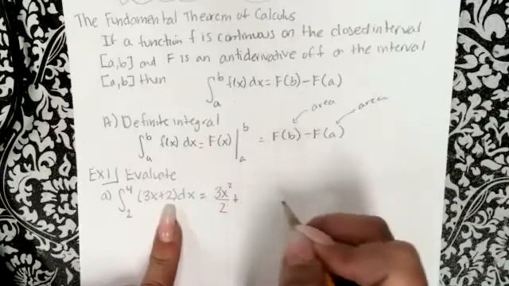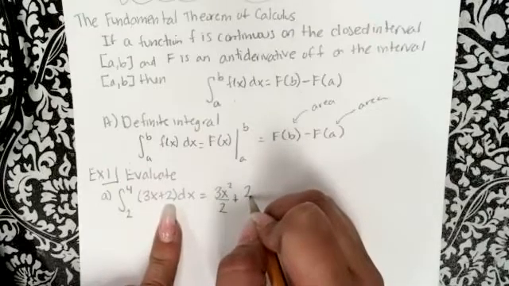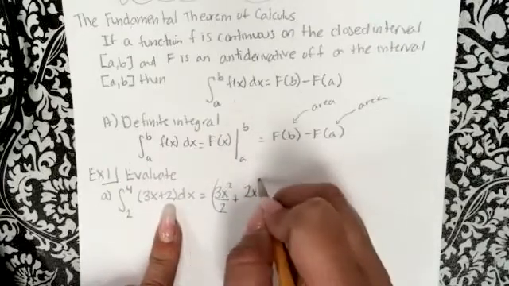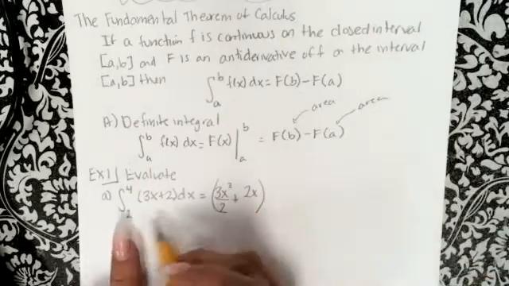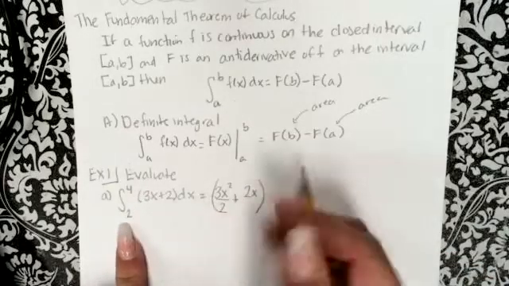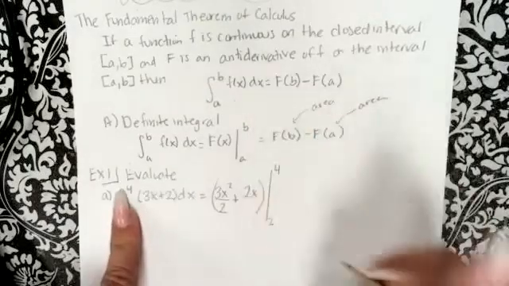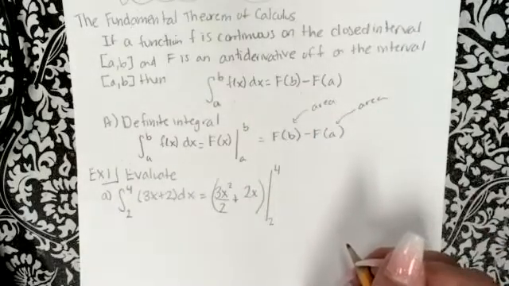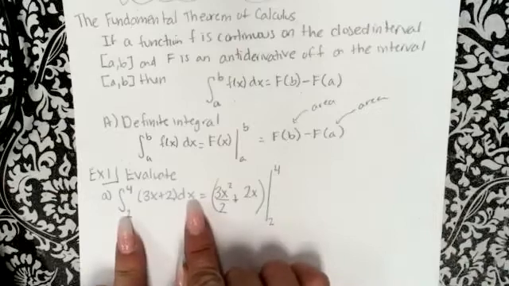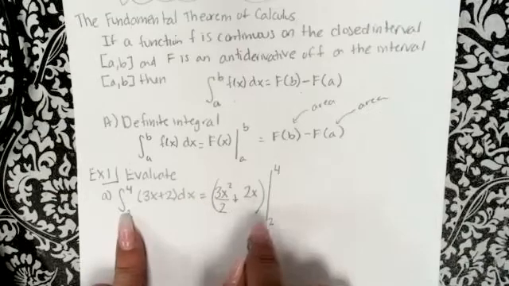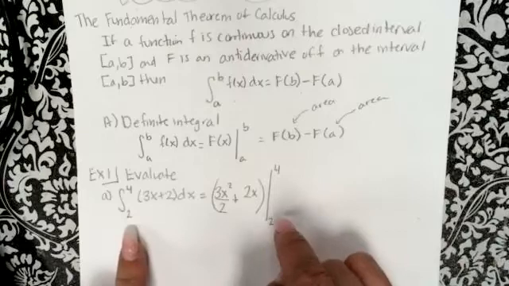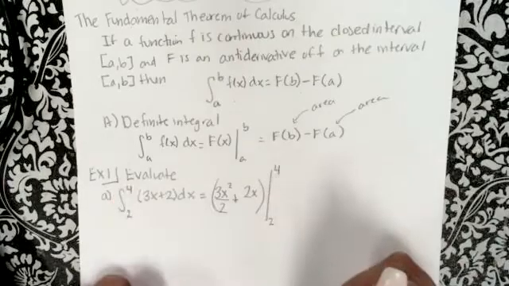Right here, I have a 2, the antiderivative of 2 is 2x. And then I'm going to draw this line on the side, and the lower bound is 2 and the upper bound is 4. So once you take the antiderivative, you no longer write the integral symbol. You're going to draw this line and put your lower bound and your upper bound in.